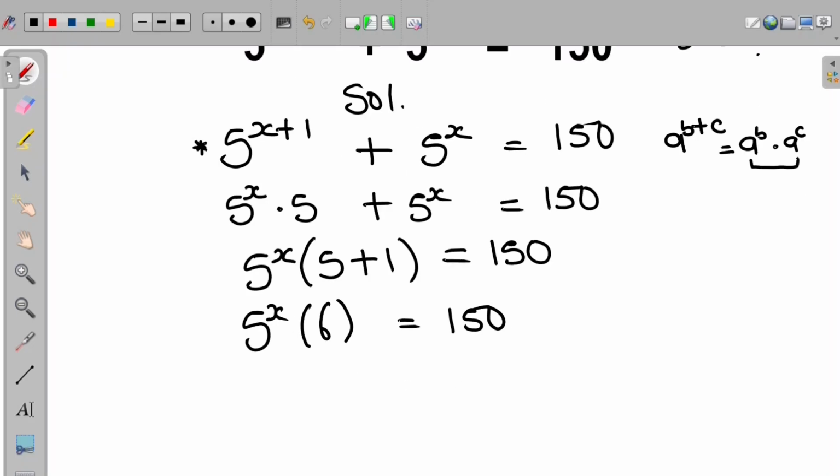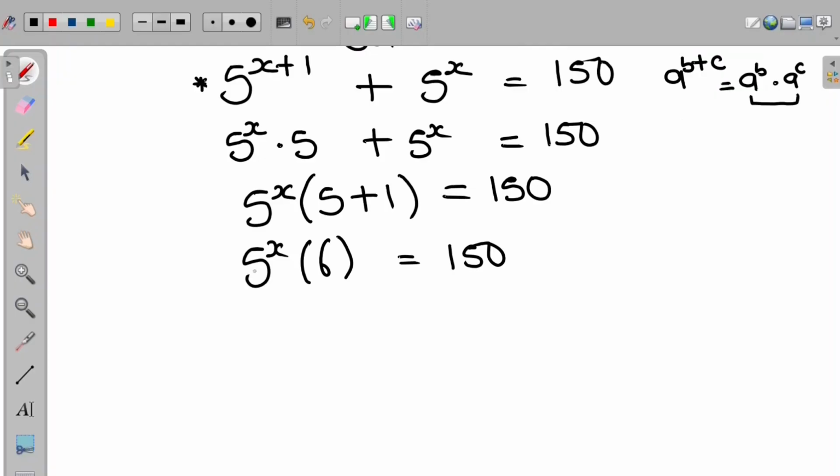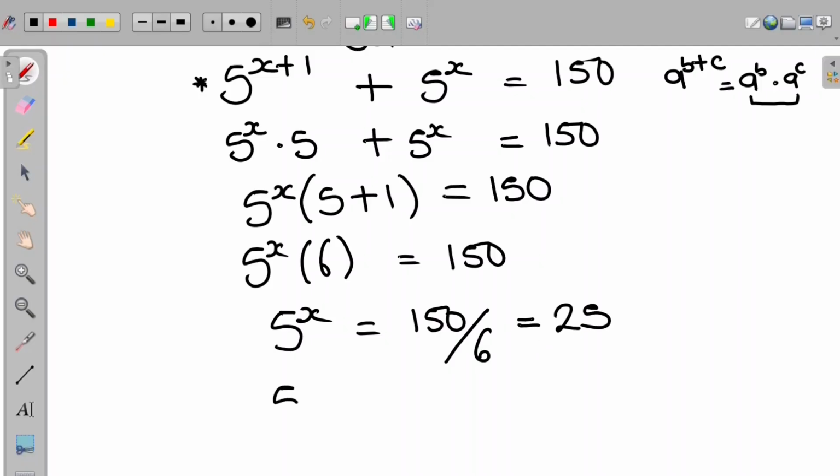So if we divide both sides by 6, the equation becomes 5 raised to the power of x equal to 150 divided by 6, which is equal to 25. So we have it that 5 raised to the power of x is equal to 25.